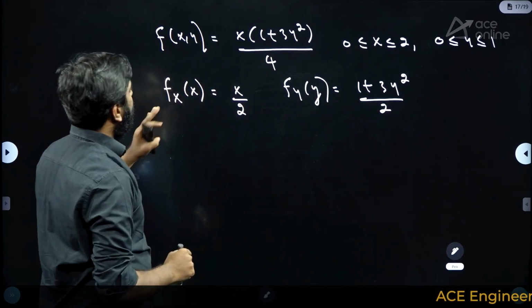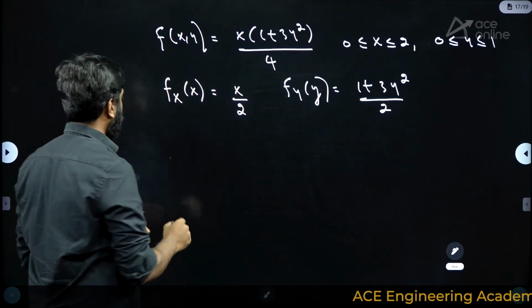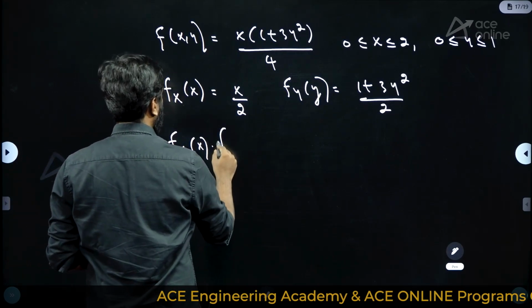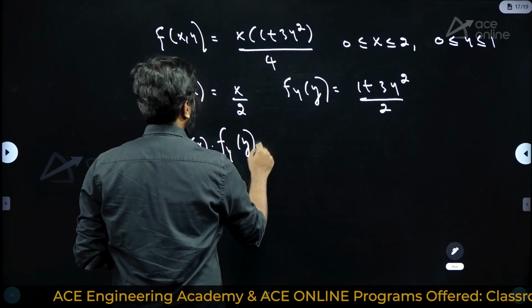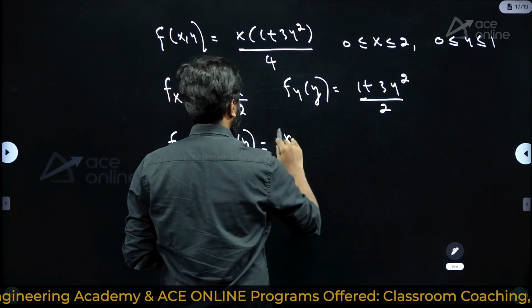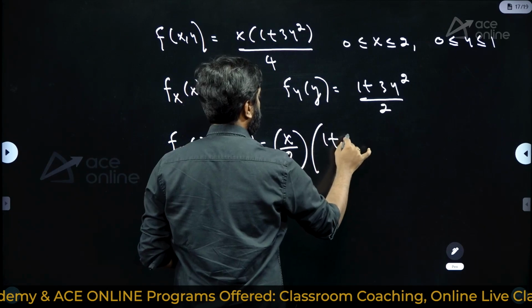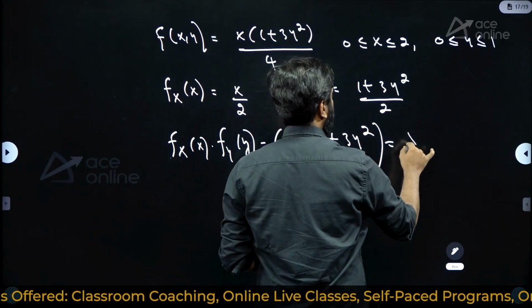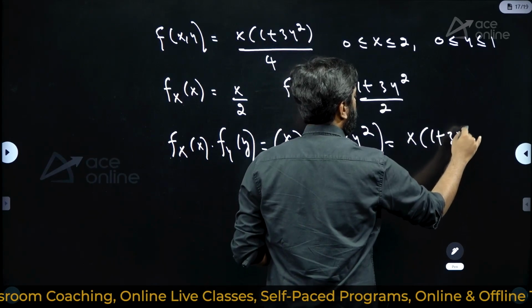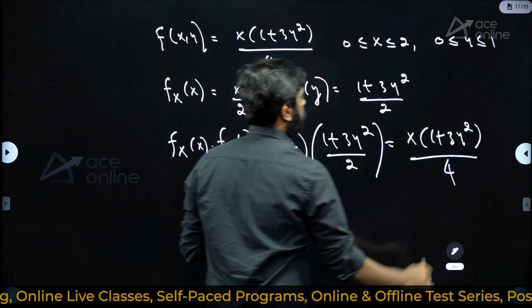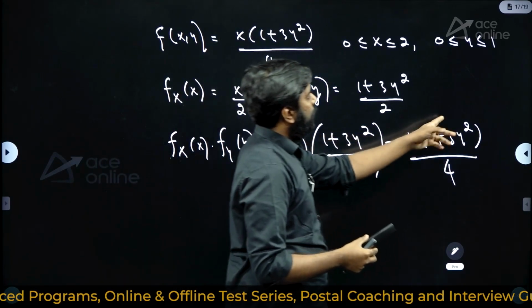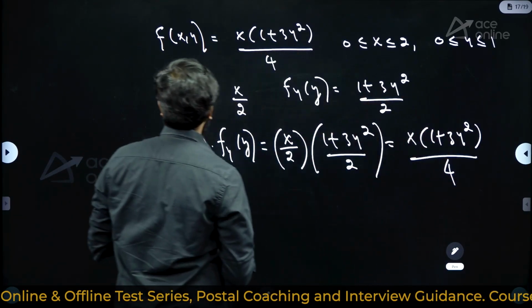Now if you want to know whether they are independent or not, then what you do is you find the product of fx of x and fy of y. So this is x by 2 into (1 plus 3y square) by 2. How much is this? This is clearly x into (1 plus 3y square) by 4. See here, x into (1 plus 3y square) by 4 is nothing but f of x comma y.